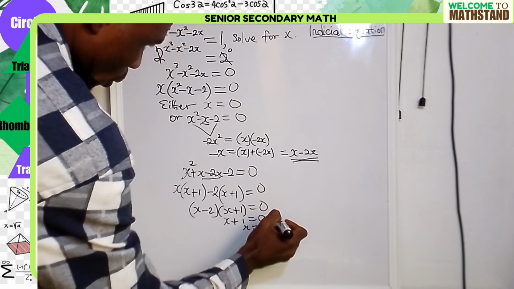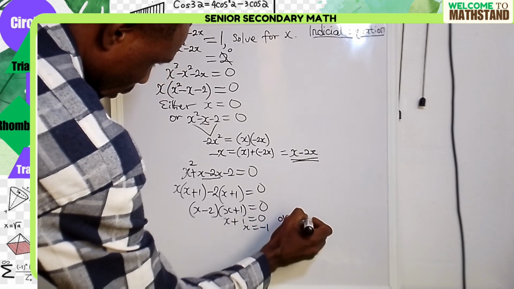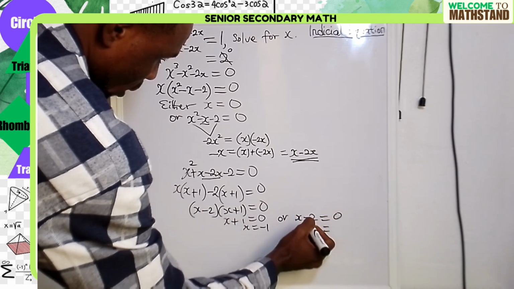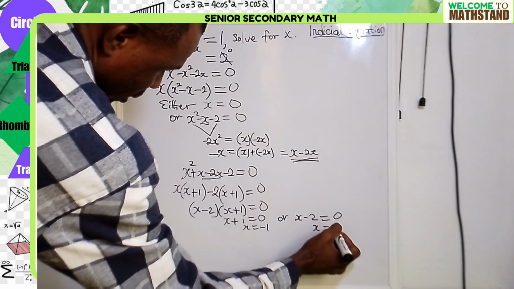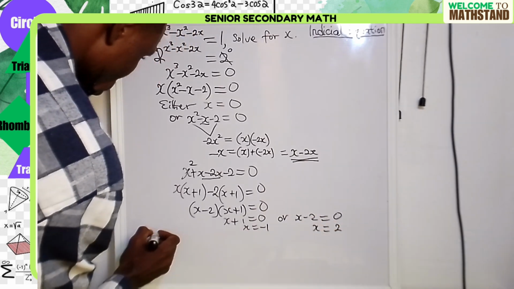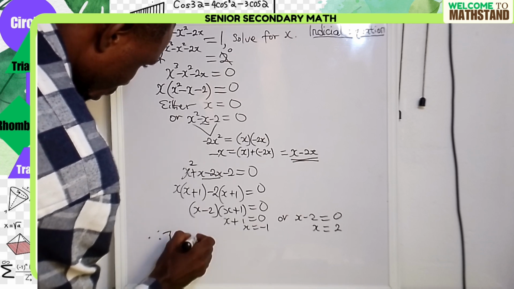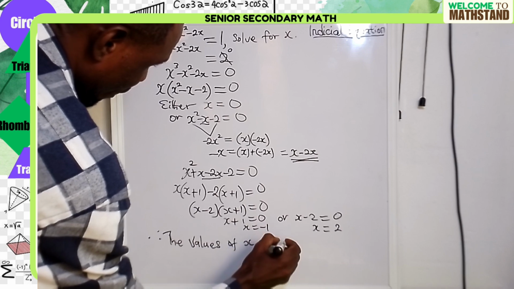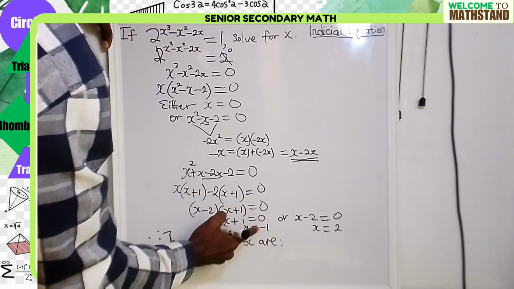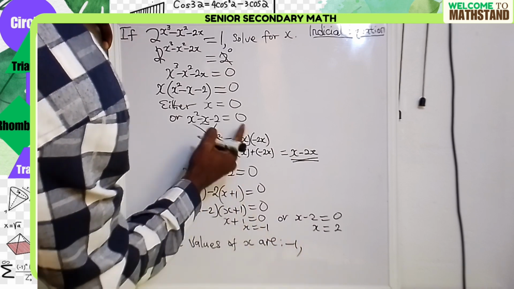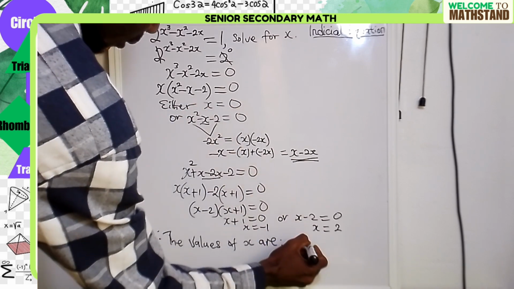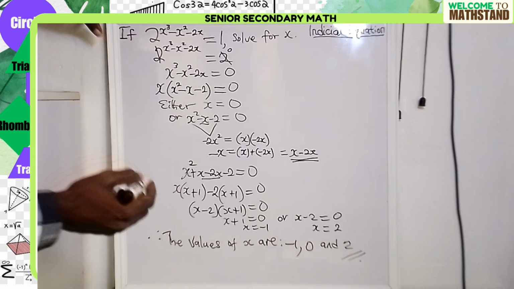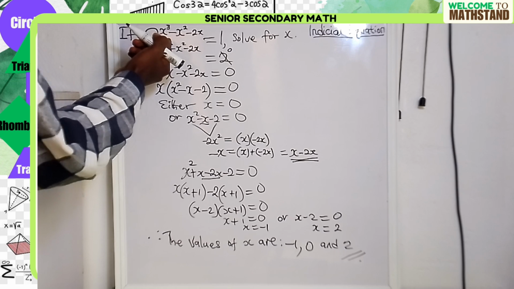Or x minus 2, the second one, equals 0, where x, adding 2 to both sides, you have 2. So therefore, the values of x are, starting from the first one, minus 1. The other one, we still have x equals 0 here, and 2. Yes, these are the solutions to this very equation.